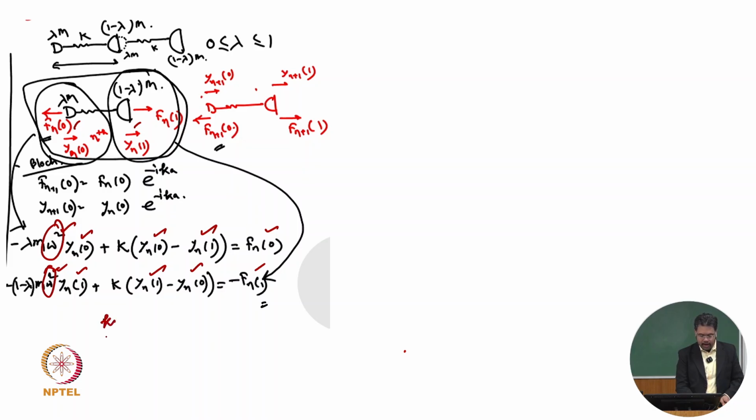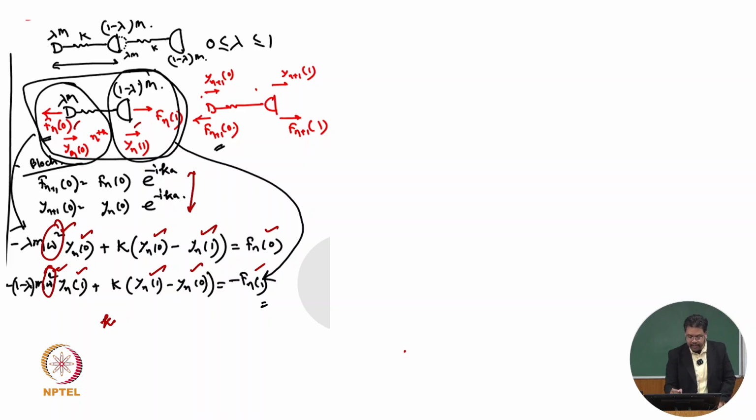So kappa is missing from here. Now we have to put the kappa back. How can we make the kappa come back? So we need to use that Bloch theorem somewhere. Where can we use that Bloch theorem? So let's try to think. Our target is what? These things are correlated, but we do not want these parameters.